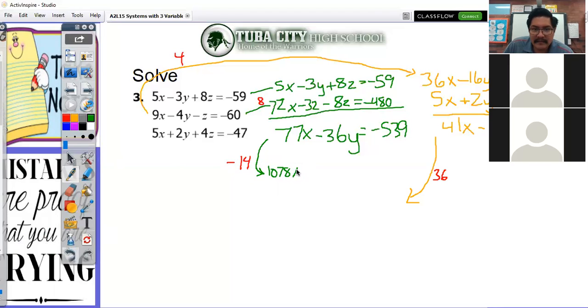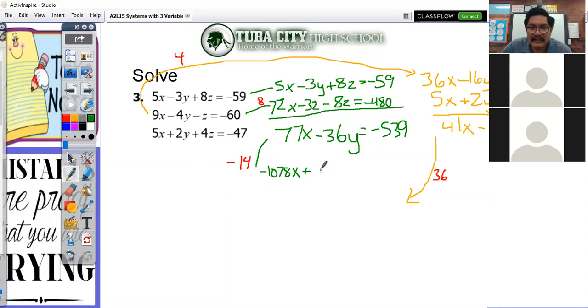And then 36 times 14. Oh, and this one should be negative as well, because I got to switch the sign. So maybe switch the sign on this one because negative times negative is positive. So I'll take care of that.